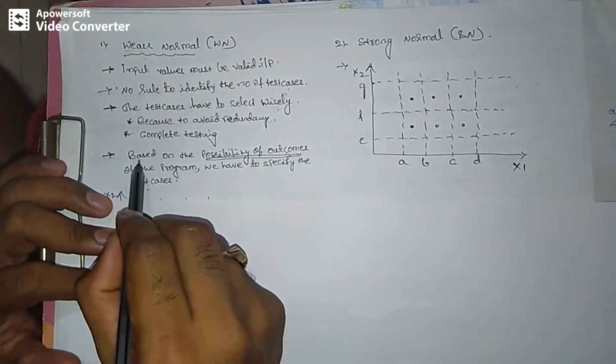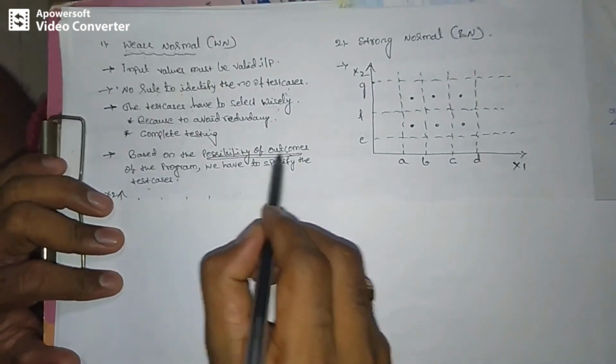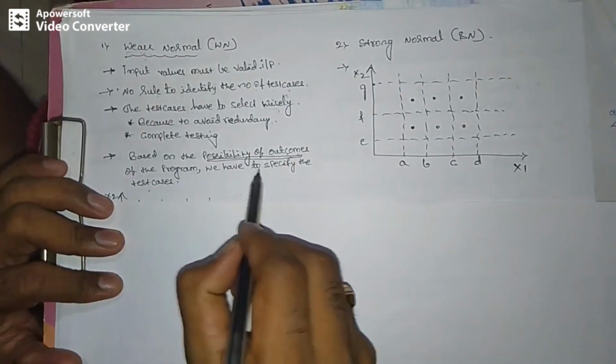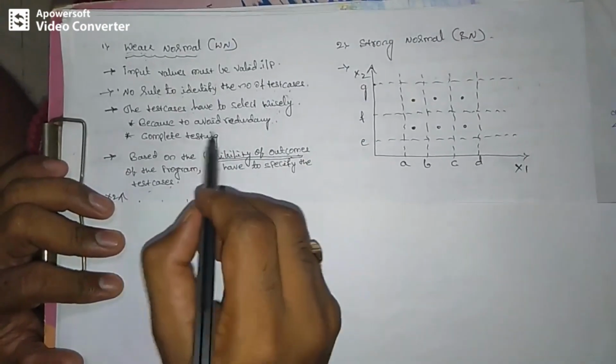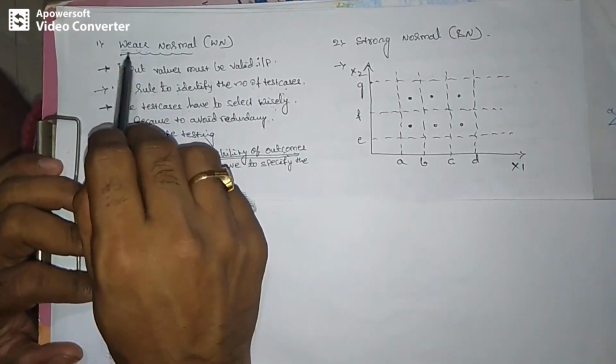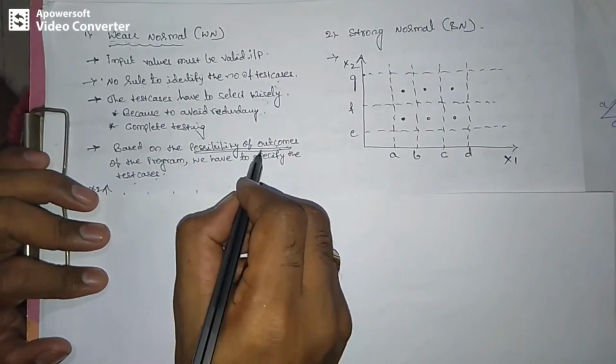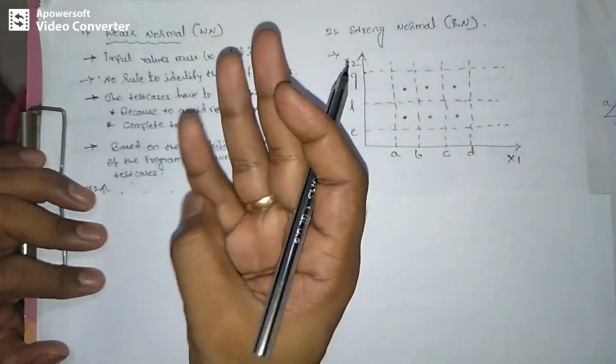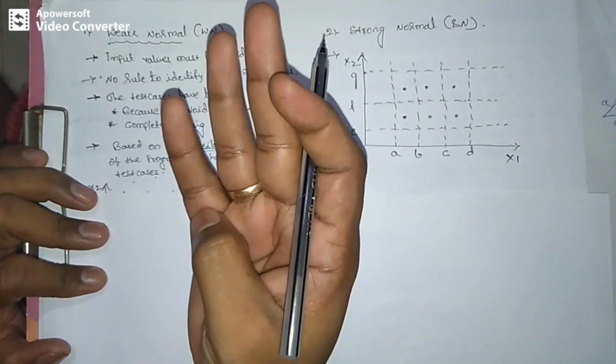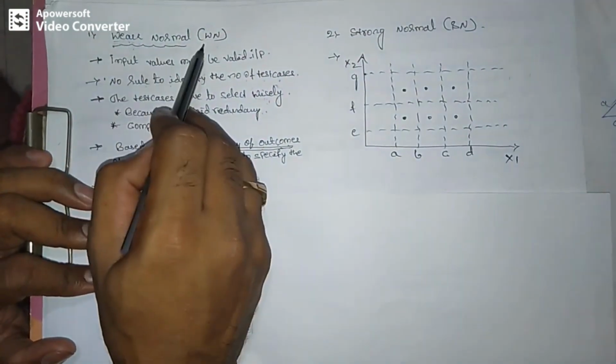Based on the possible outcomes, the number of test cases will vary. So for a triangle problem, the possibility of outcome is 4, hence there will be 4 test cases under the weak normal test cases.